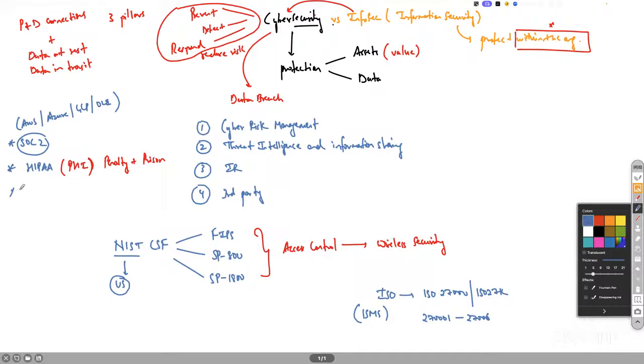We also have another very infamous framework that is super strict, GDPR, General Data Protection Regulation. This applies to the European Union.